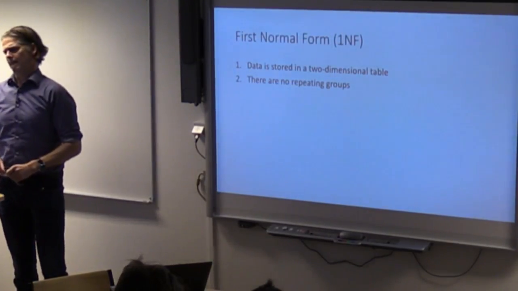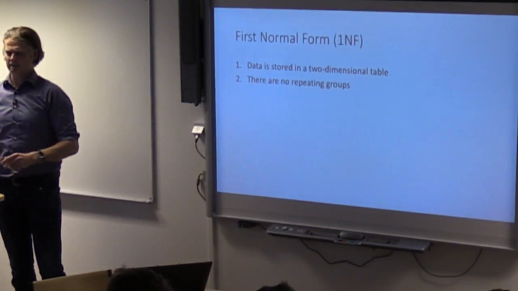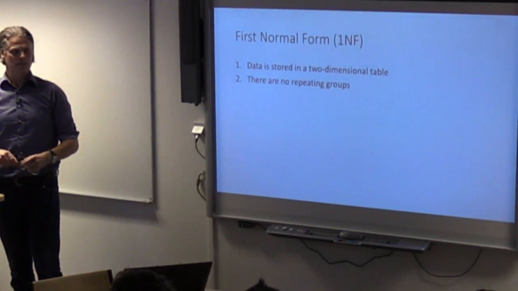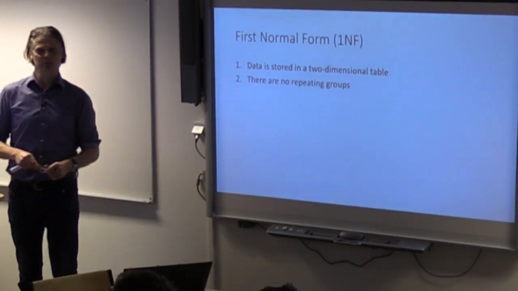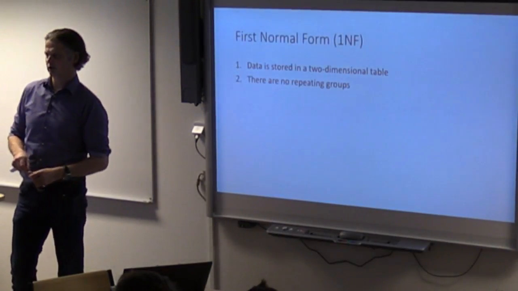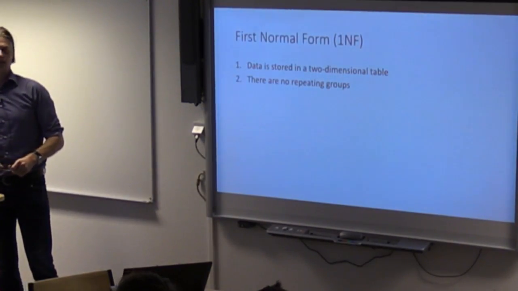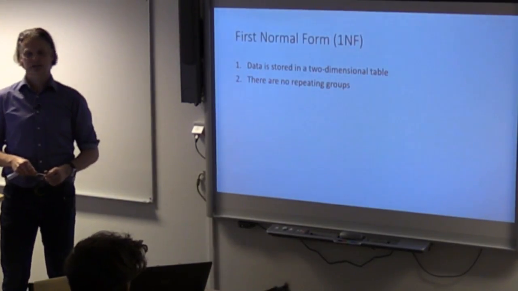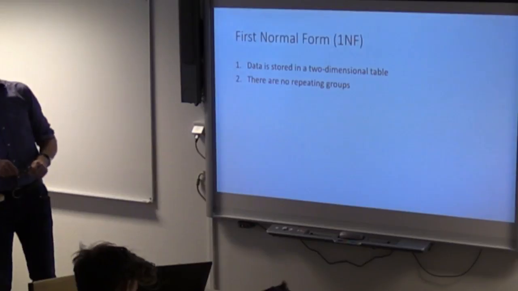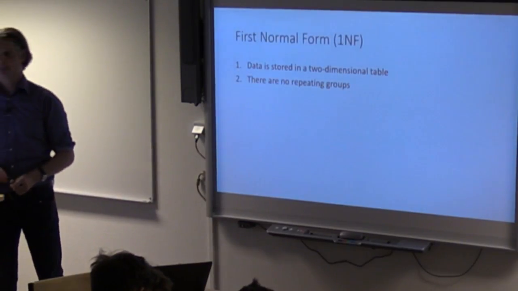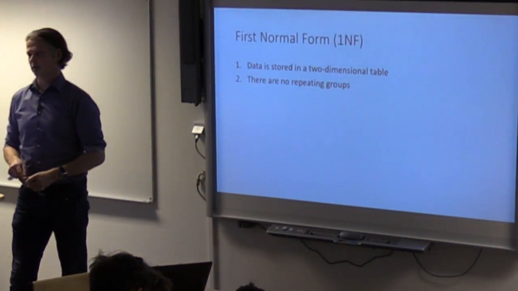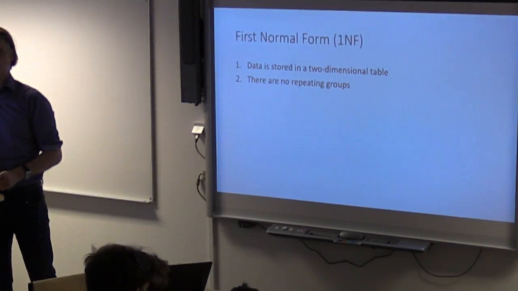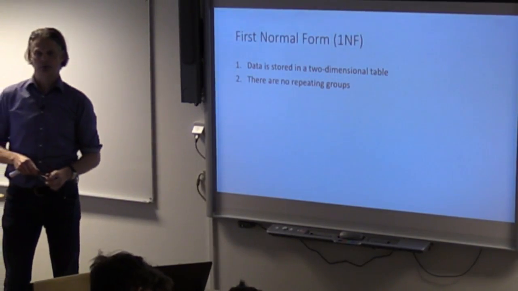So that is the 2 rules that you must meet when putting something into the first normal form. The first sub-rule here is that your data should be stored in a 2-dimensional table. So if you have your data in 3 or more dimensions, you are not following the first normal form.